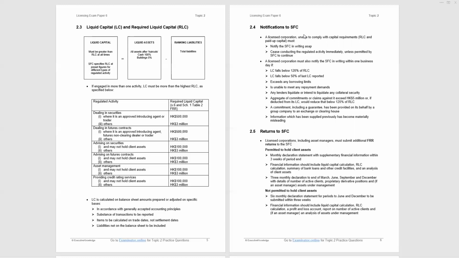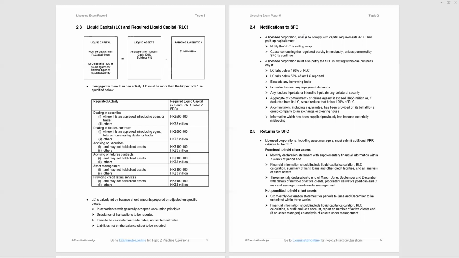This is licensed corporate, including asset management, must submit additional financial resource rule returns to the SFC. The main point to remember is if you are permitted to hold client assets, your returns are made on a monthly basis. If you are not permitted to hold client assets, then it's 6 monthly declaration statement for period to June and December.